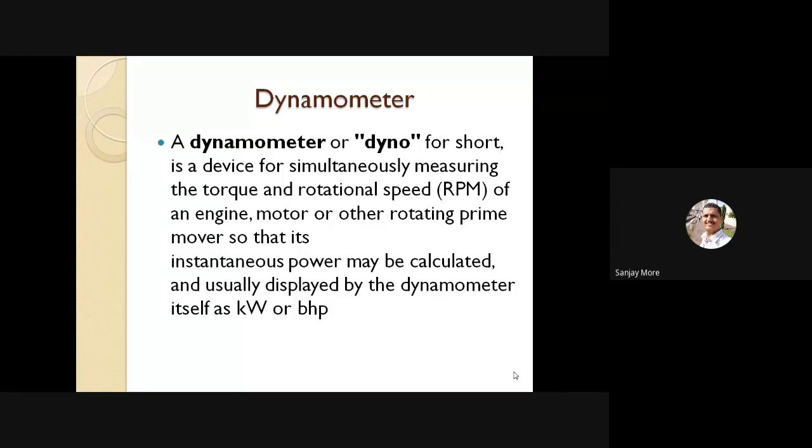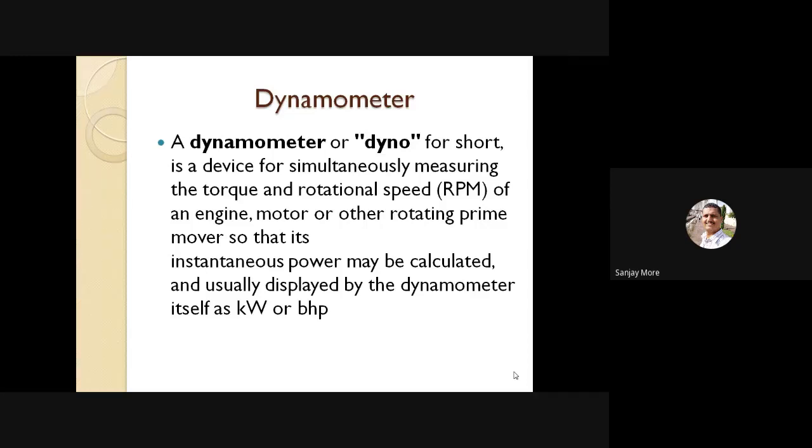It is a device measuring the torque and rotational speed, meaning revolution per minute, of an engine, motor, or other rotating prime movers. Instantaneous power may be calculated and usually displayed by the dynamometer itself as kilowatt or bhp.